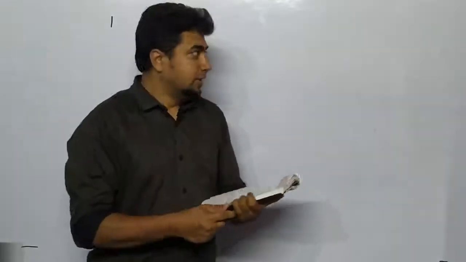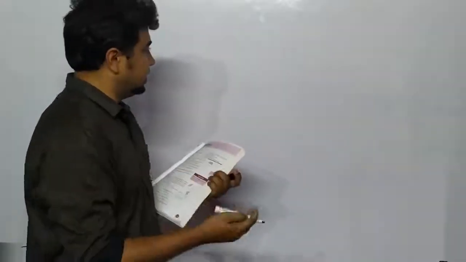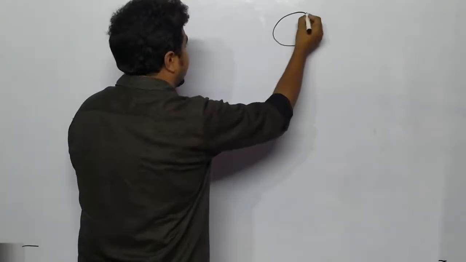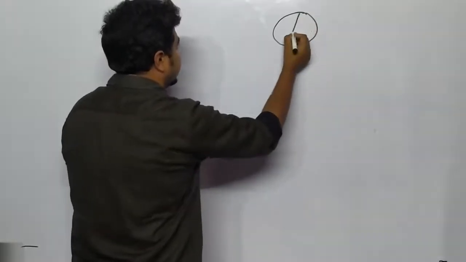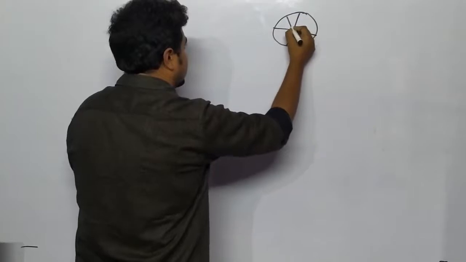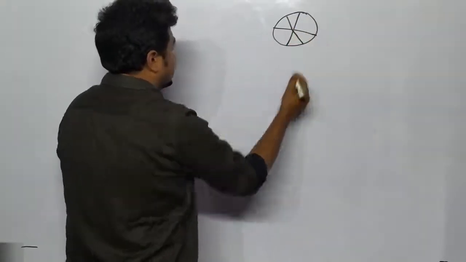Fractions, as you can understand, represent a part of a whole, means a certain part, not the whole, out of the whole. Suppose I'm drawing one circle, and in this I'm making parts.